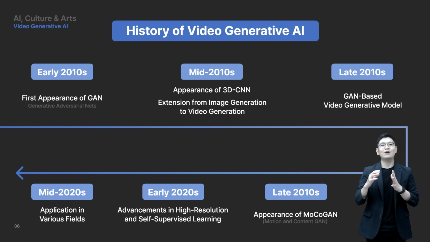In the 2010s, GAN-based video generative models emerged. MoCoGAN, Motion and Content Decomposed GAN, was introduced. In the early 2020s, high resolution and self-supervised learning evolved by the mid-2020s. It is applied in a variety of fields.